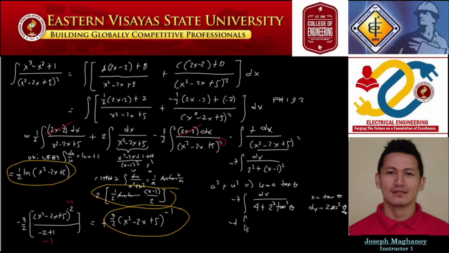So 7 integral dx becomes 2 secant squared theta d theta all over 4 plus 4 tangent squared theta. So we have our fourth term. Is this ready for integration? Not yet. We still need to use some trigonometric identities. Moving on to the next slide.